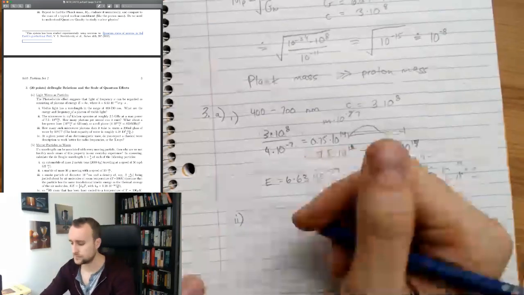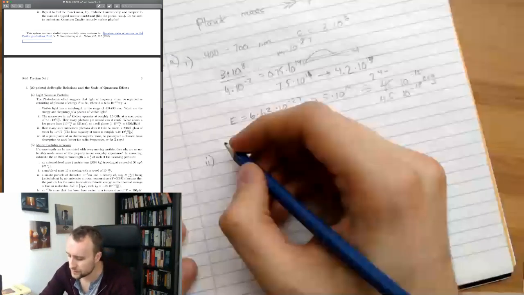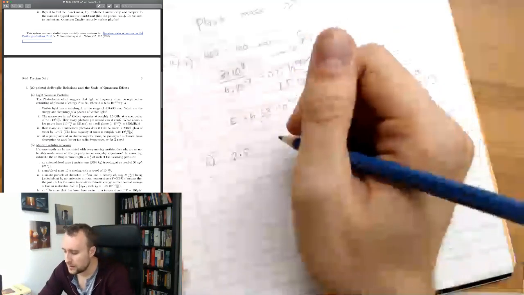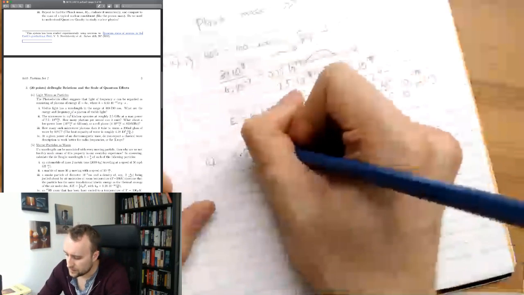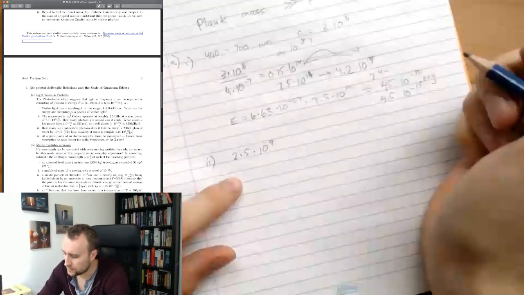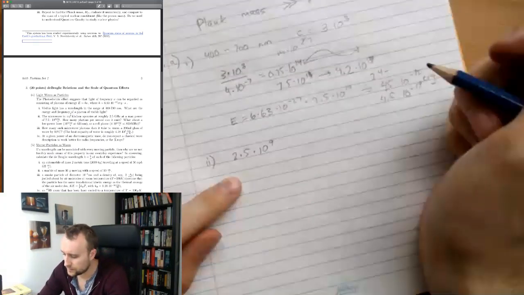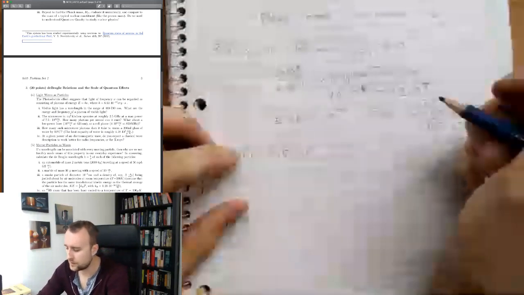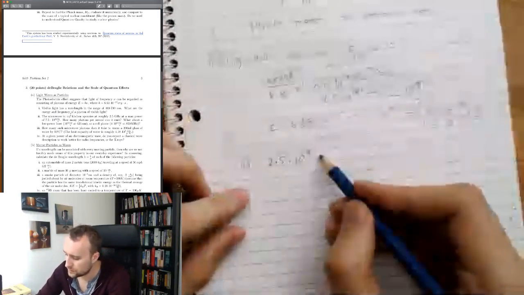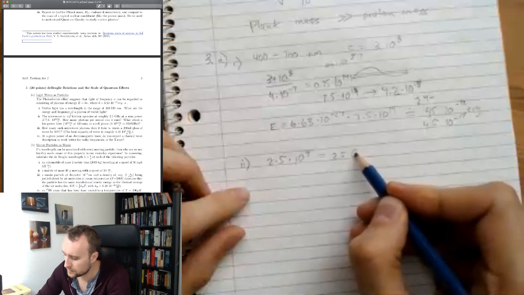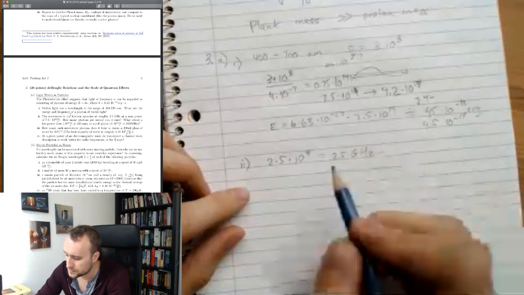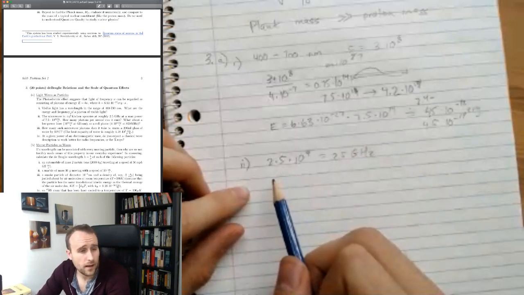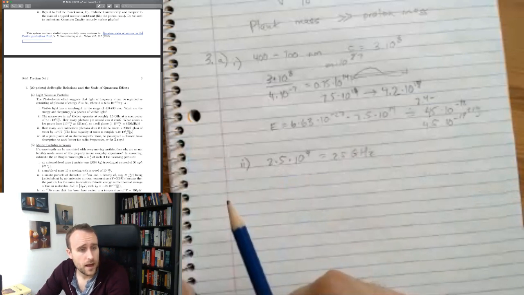So 2.5 times 10 to the 9th is the frequency, 2.5 gigahertz, and a max power of that.